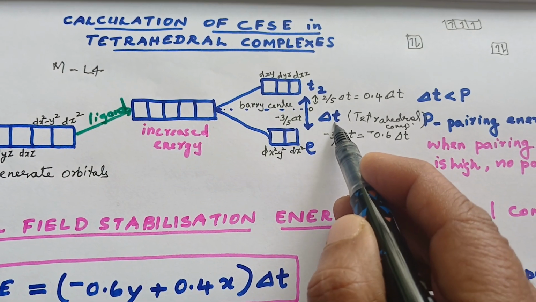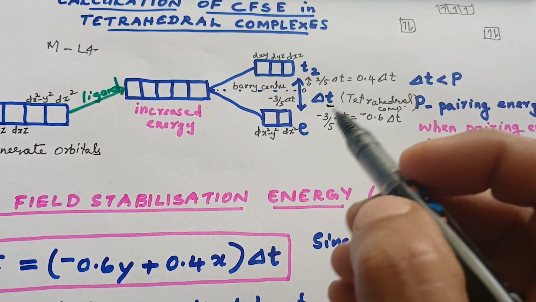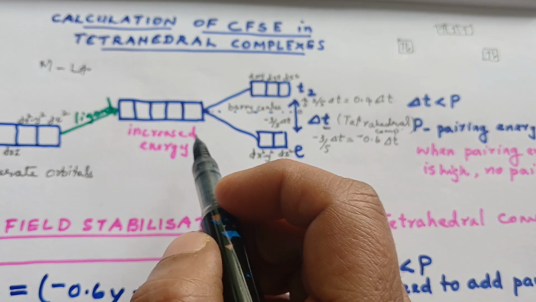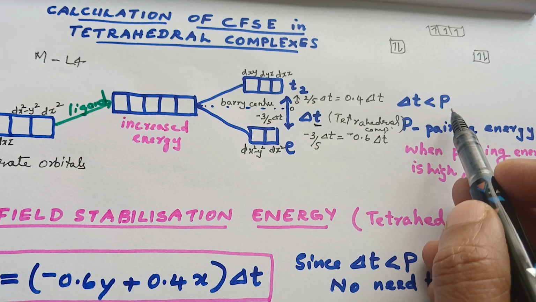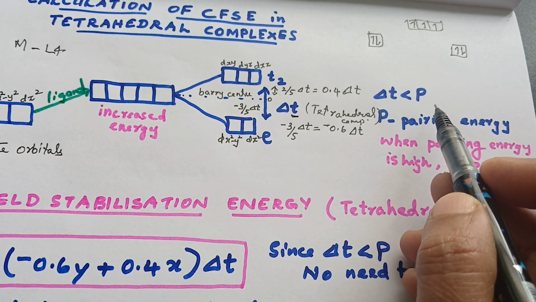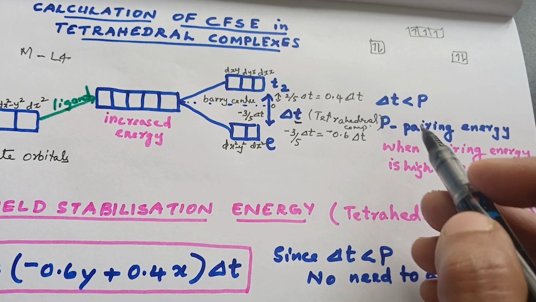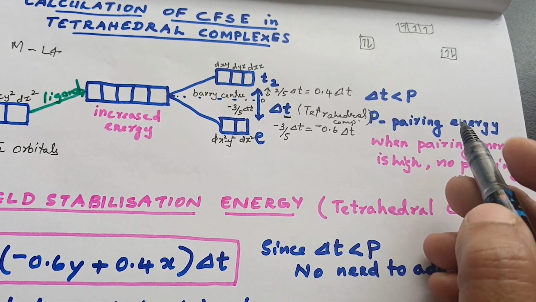Tetrahedral complexes are denoted by the letter T here. Now in the case of tetrahedral complexes, delta T is often less than P, where P is the pairing energy. Pairing energy means the energy required to pair up the electrons.